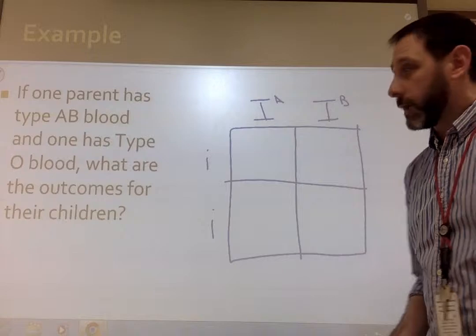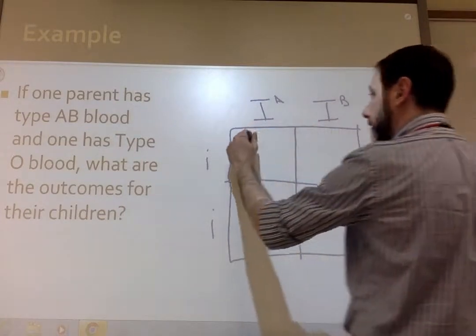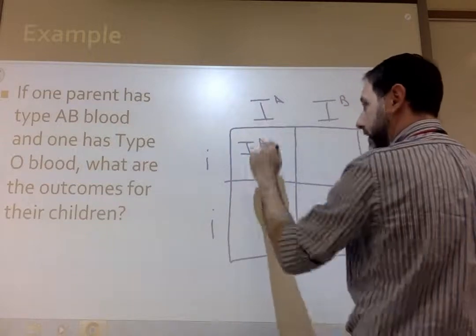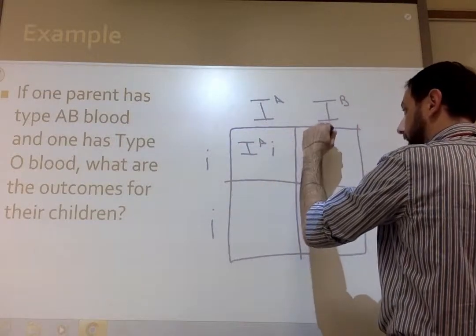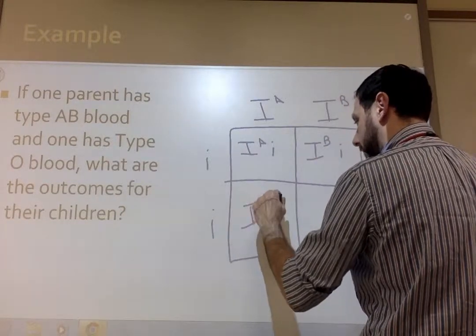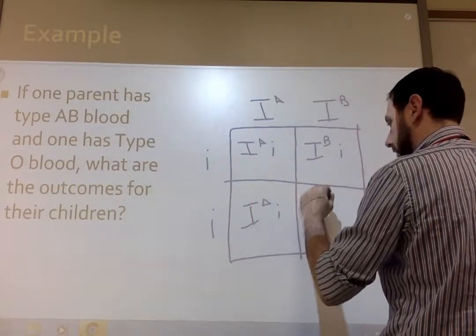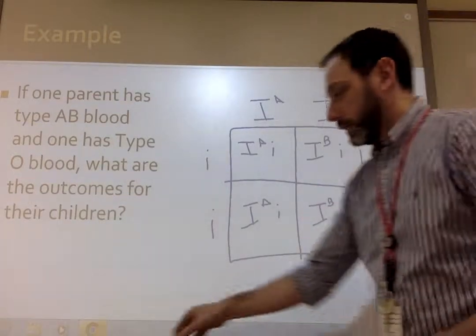So now fill in the square. Remember to put the capital I's first. And so we'll have IA from here and lowercase i. IB, lowercase i. IA, lowercase i. IB, lowercase i.